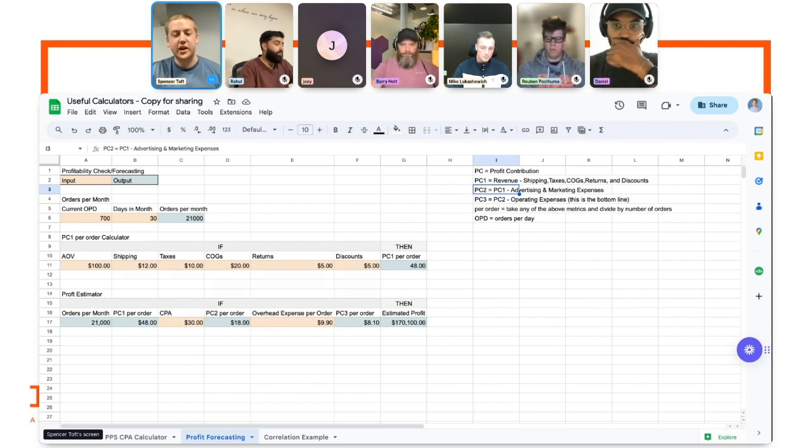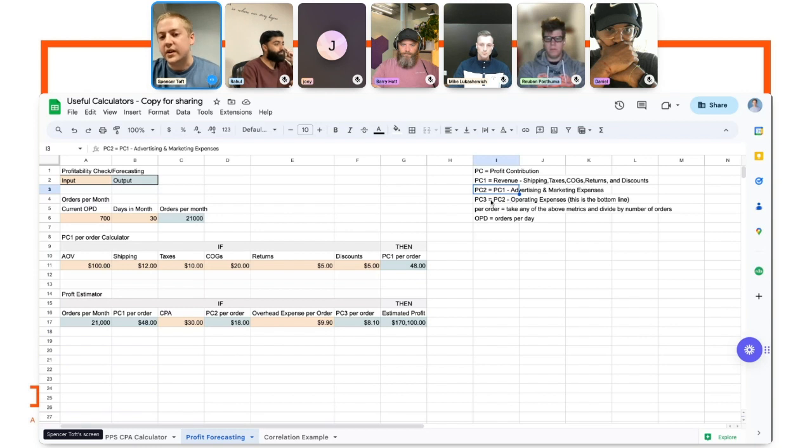So PC2, or profit contribution 2, is PC1 minus your advertising and marketing expenses. This is what's left over to pay operating expenses after selling the product and advertising the product.